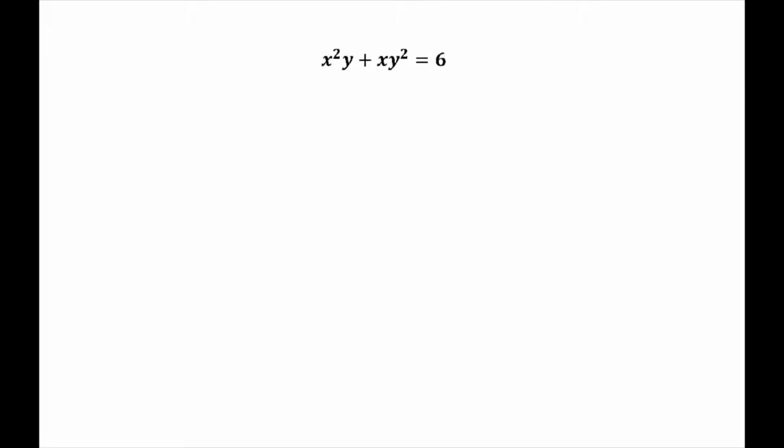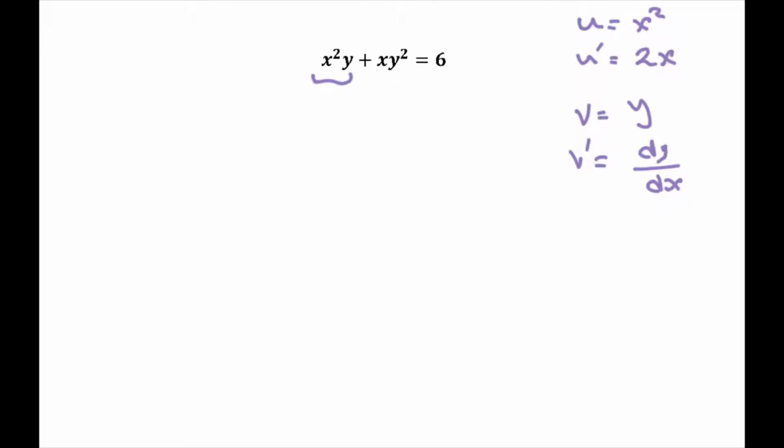So let's start. Here we have two functions, x squared and y. If I call u equal x squared, then u prime will be 2x. If I call v equal y, then v prime will be the derivative of y, which is 1 times dy over dx. That's the derivative of y.